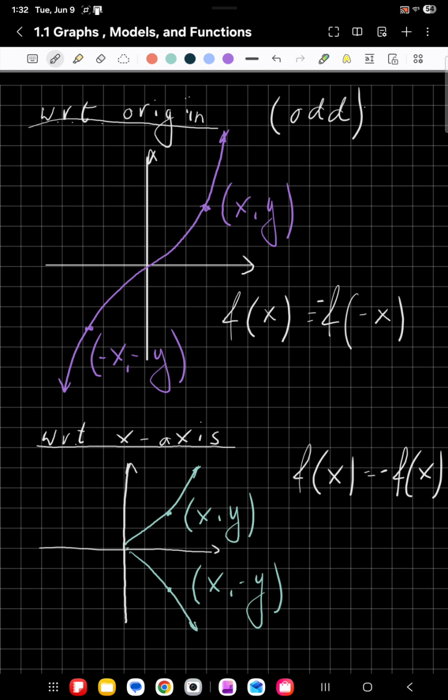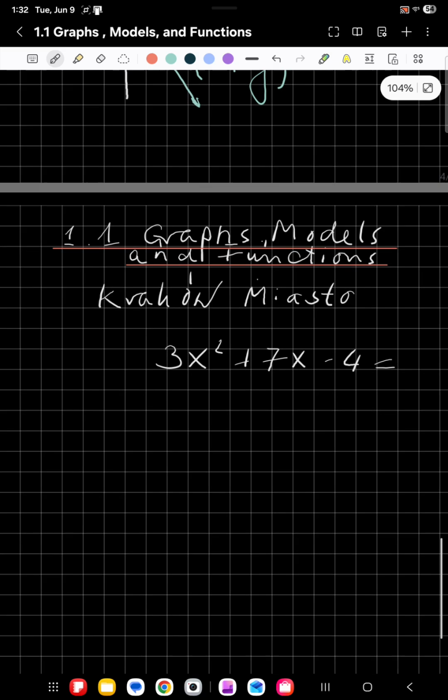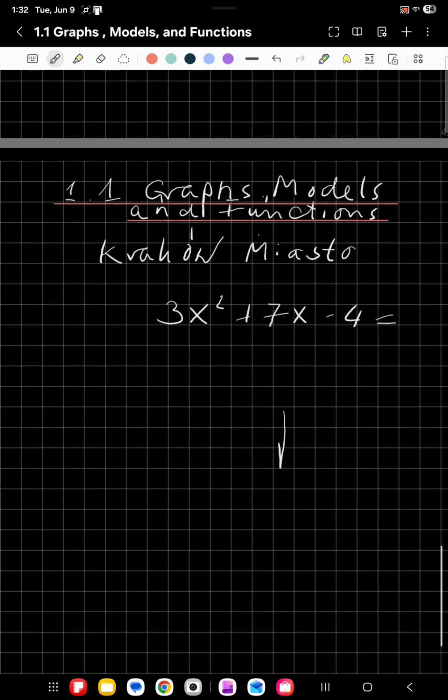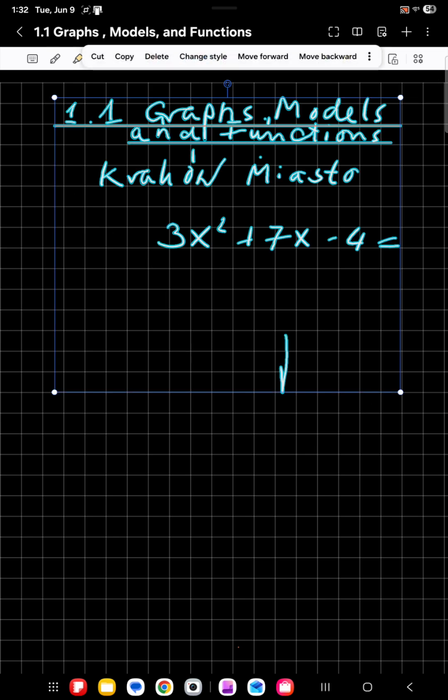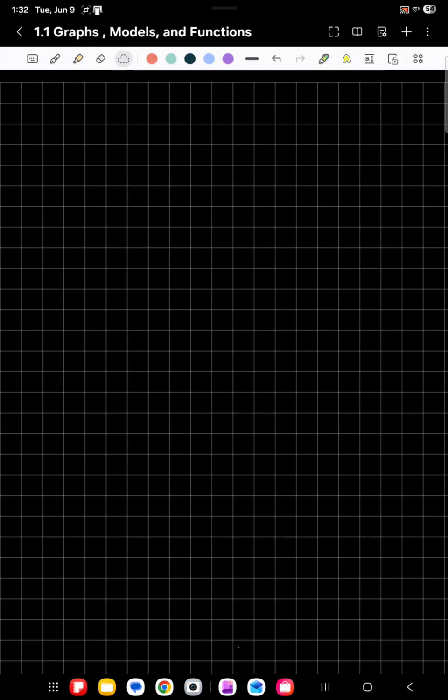Okay, so let me show you an example of how we would find whether the function is symmetrical with respect to x-axis or y-axis. Okay, so let's look at example 3. Did I say x-axis and y-axis? X-axis, y-axis, and then origin. So example 3.